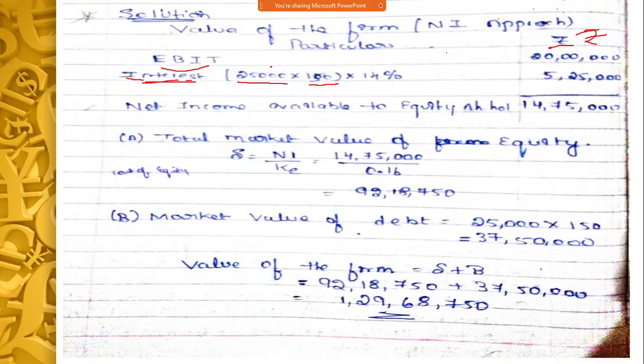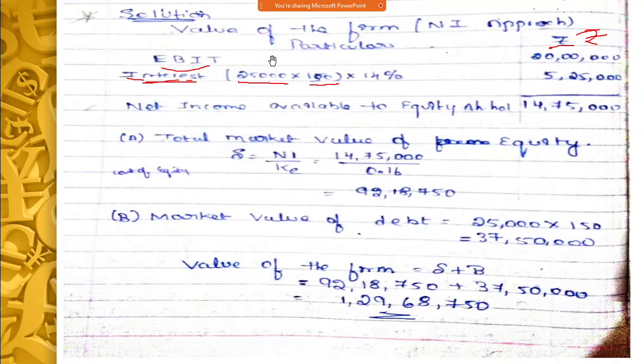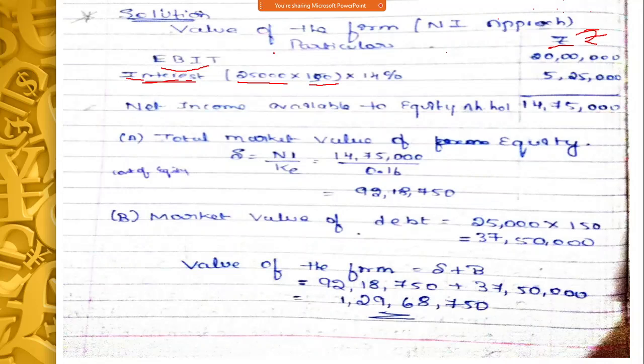When you multiply these two, you get 37,50,000. This is the entire value of the debt that has been given by the company.